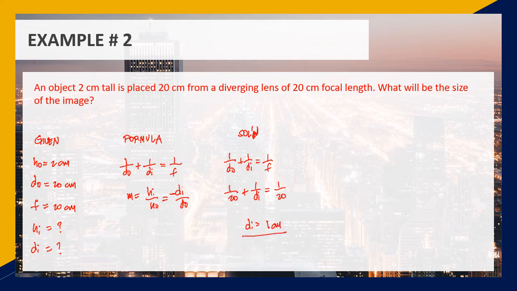Then, we use magnification. So, hi over ho is equal to negative di over do. The height of the image is the unknown, the height of the object is 2, then negative distance of the image is 1 over distance of the object is 20. Then our height of the image is equal to 0.1 centimeters, negative.